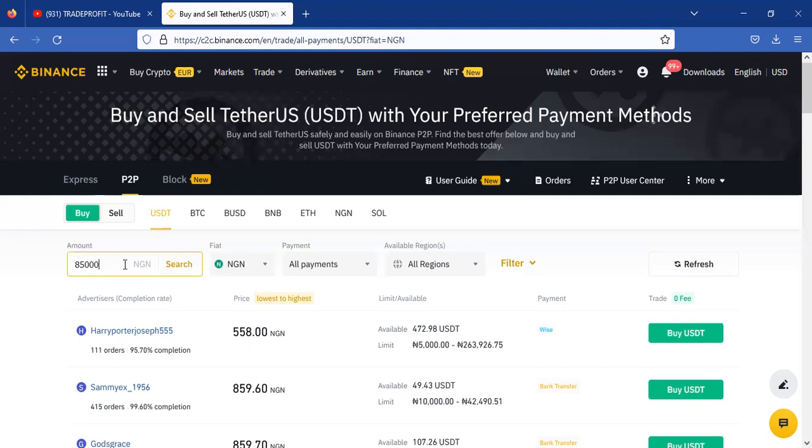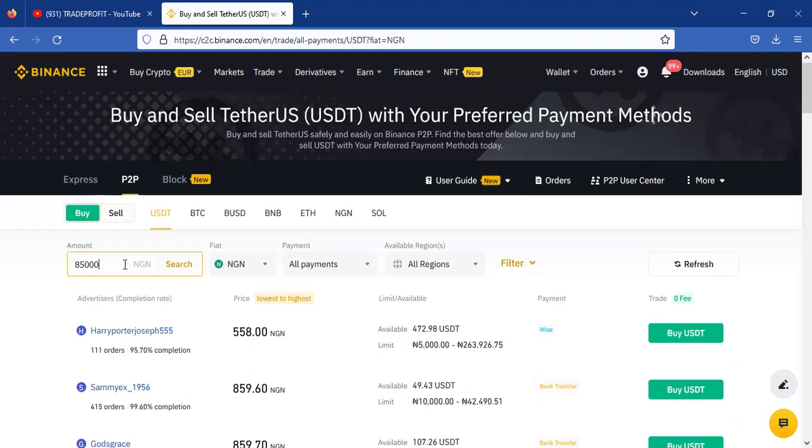If you buy 100 USD, that's roughly 85,000 naira, and you keep it until the end of December, and 1 USD rises to 1,000 naira, it means your 85,000, which is 100 dollars, will have increased to 100,000 naira. If you remove your capital of 85,000, you'll be left with 15,000.